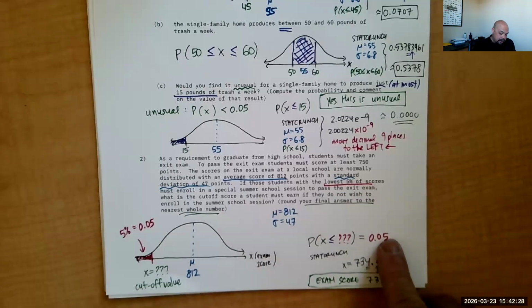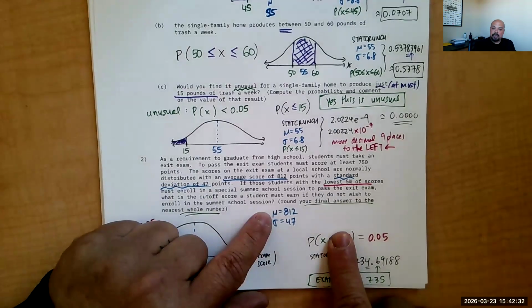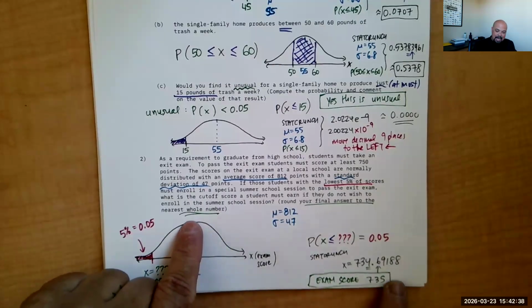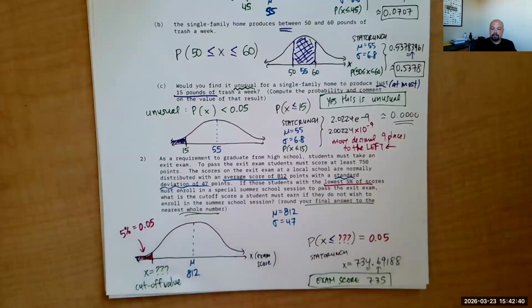We still have our mean and standard deviation, and the unrounded decimal solution. In this case, we're rounding that exam score to the nearest whole number. In other problems, we might be rounding for money, to 2 decimal places, and so on. Just watch out for those directions.